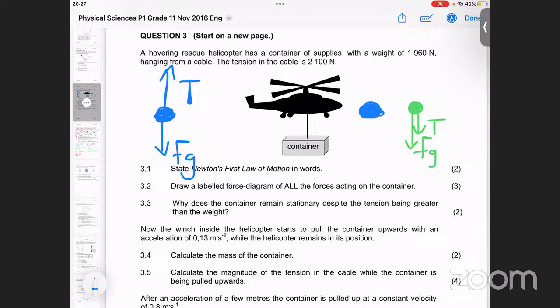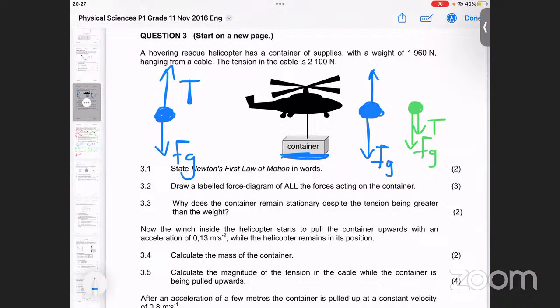Weight. Do we have another force acting below the container? No, sir. Do we have any forces acting above the container? Yes, sir. Tension.